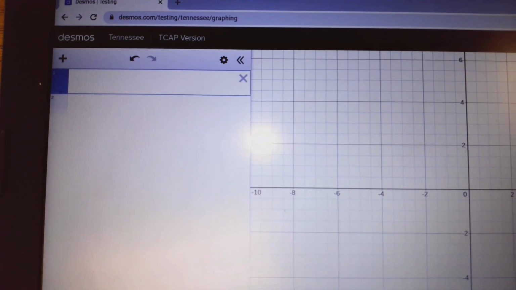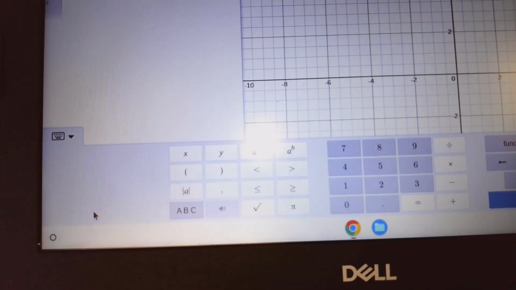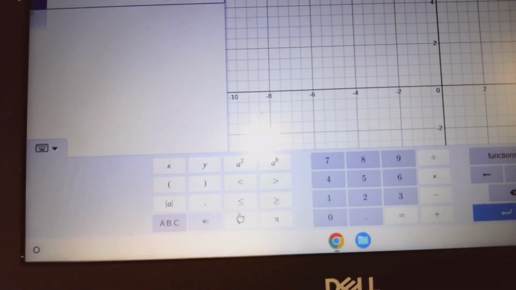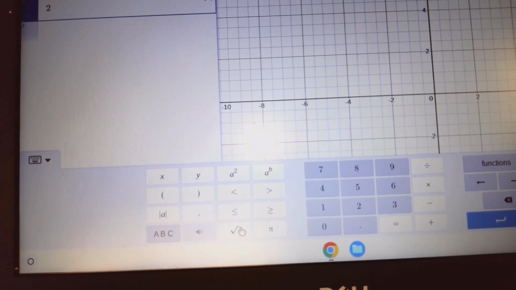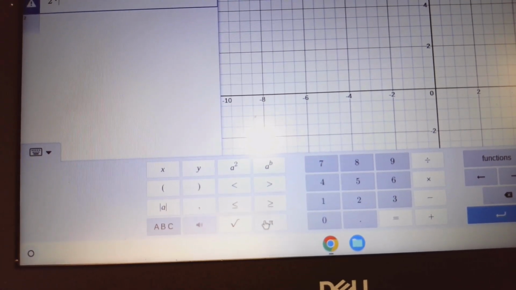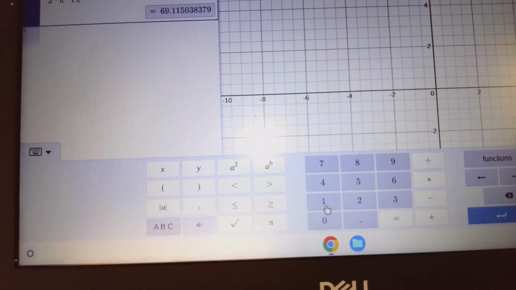So I'm going to type in, so I've got 2, and I'm going to bring in my keyboard here. So 2 times, and now pi is right here. So 2 times pi times 11.